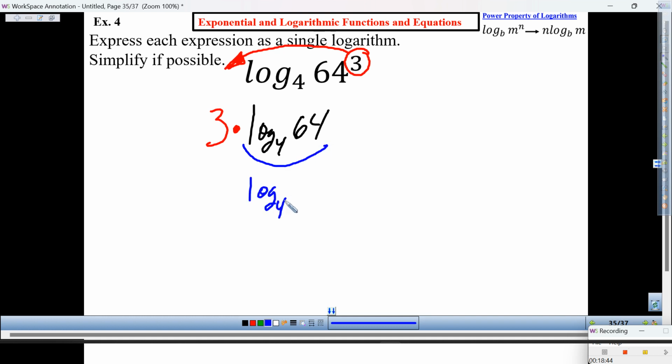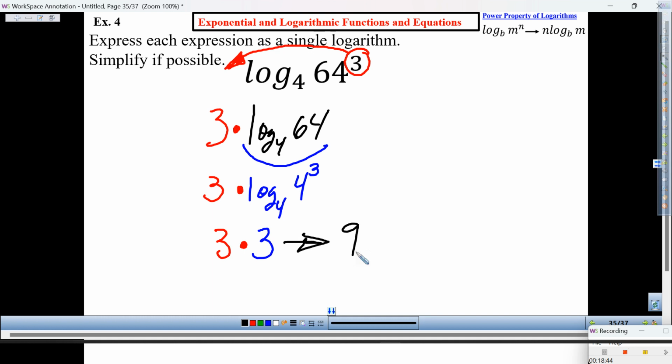Log 4 to the what? 3rd power, that is correct, times 3. So, bring down the 3 times, what is this, guys? Log base 4 of 4 to the 3rd is 3. Therefore, this is 9. Fairly simple, yes? From 1 to 5, how comfortable are you with this?